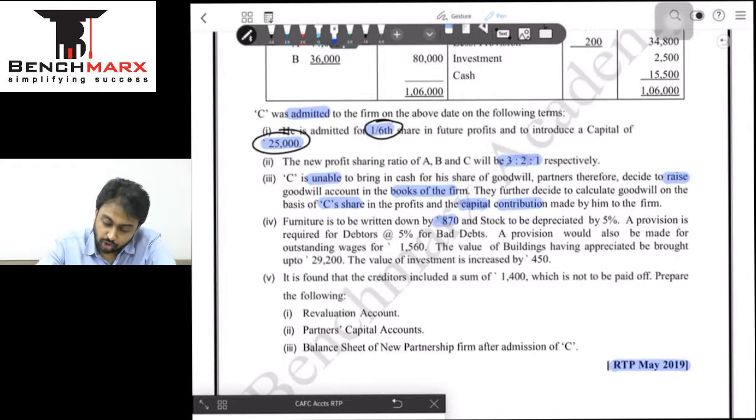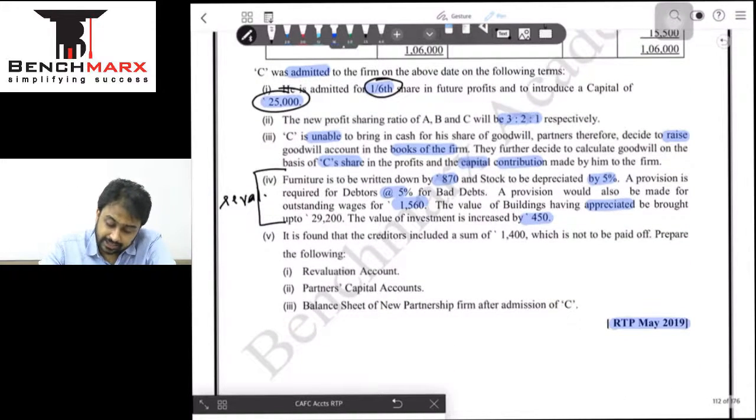revaluation item, stock by 5% revaluation, provision 5% revaluation, provision made for wages outstanding, one more revaluation, building is appreciated, one more revaluation, and investment increased by 450, pure revaluation. So this entire adjustment is based on the revaluation. Simple, moving ahead.